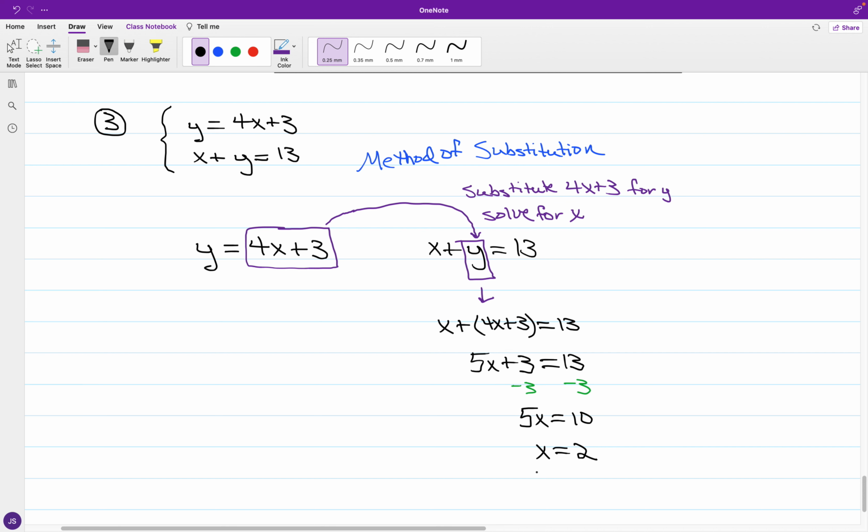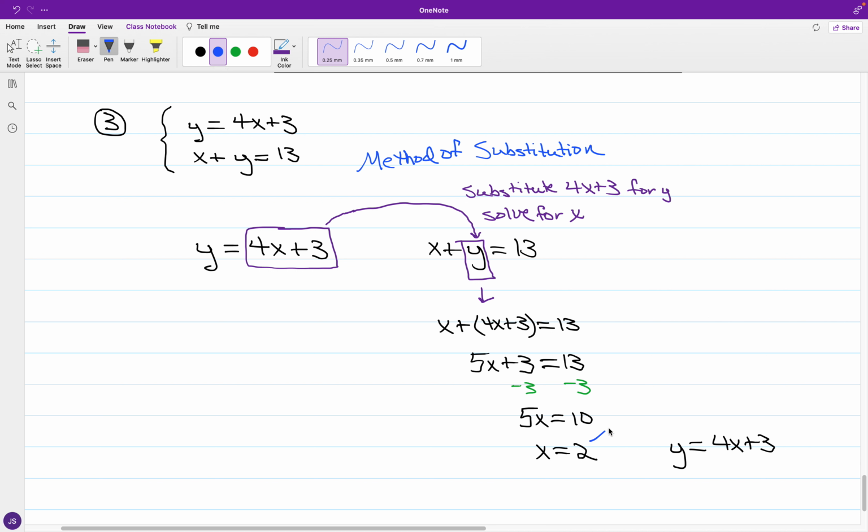Okay. Now that we have the value of 2 attained for x, I can plug in 2 for x in either equation. And since I had the first equation already in terms of y, I'll go with the first equation to solve for y.